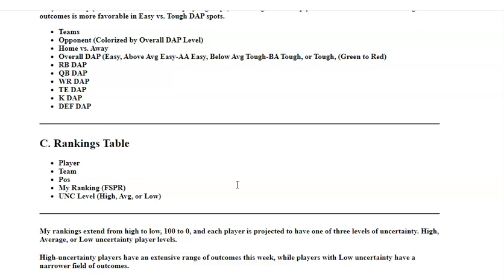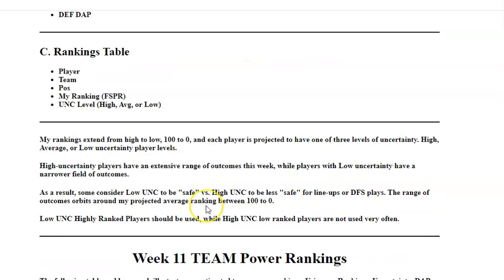So high, average, and low uncertainty. Long story short, you can read the paragraph, but low uncertainty players should be thought of as more safe. Notice I didn't say extremely safe, I just said more safe than high uncertainty players, who would be less safe in my rankings, right?